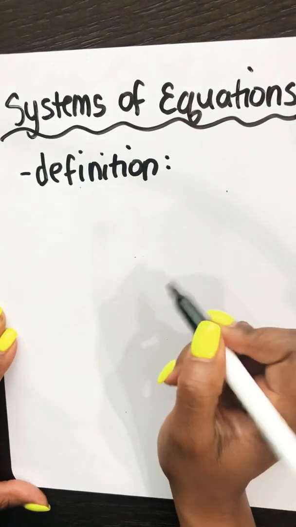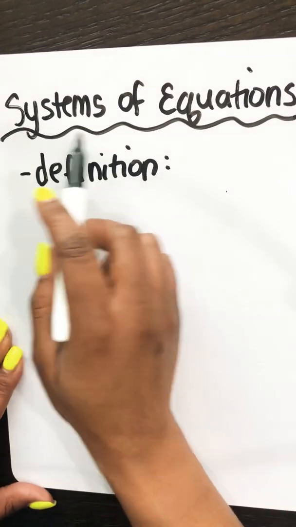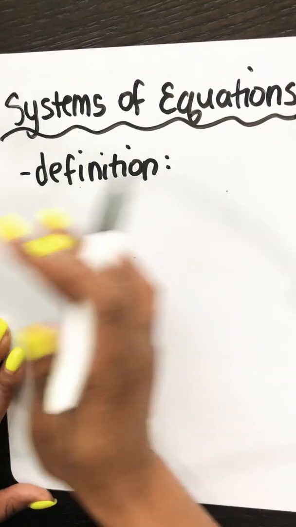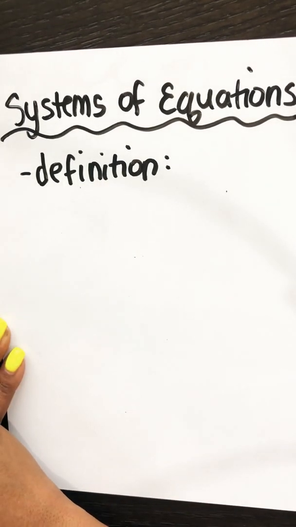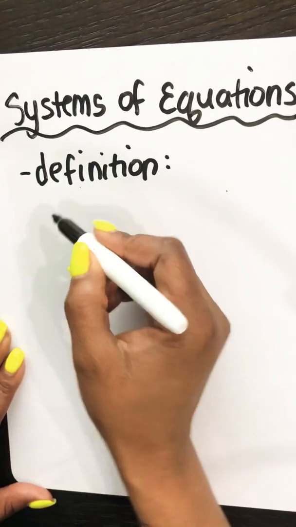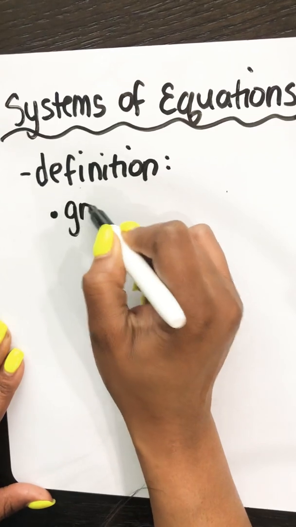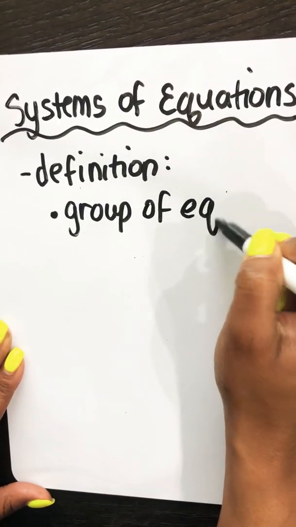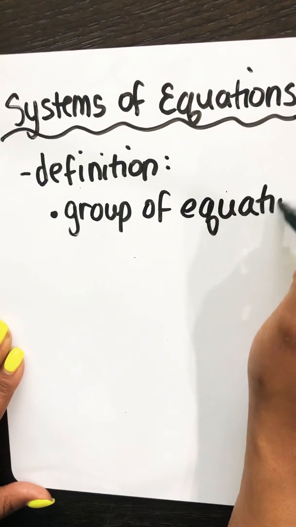So a system of equations, right? When you think about a system, what comes to mind? Well, when I think about a system, I think about a group of things that are working together. So the same thing applies to when you have a system of equations. It is when you have a group of equations, right? And remember, group means 2 or more.